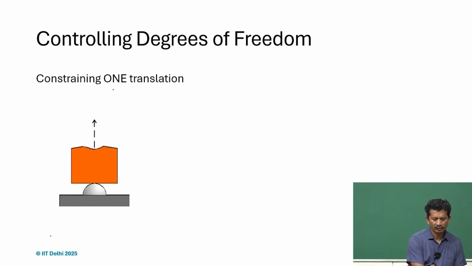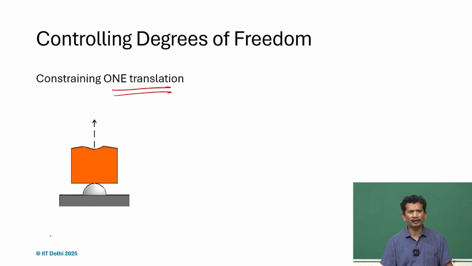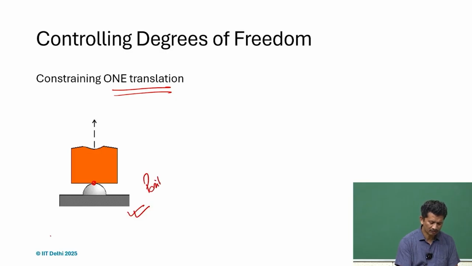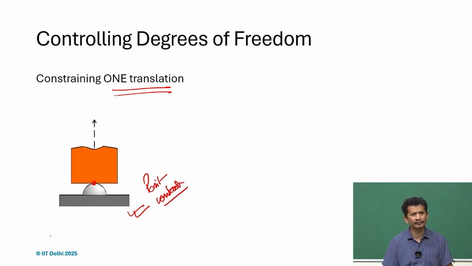If you want to constrain one translation, one of the ways we discussed in quite some detail is a point contact, which we can idealize as one spherical ball making contact with the flat surface here, and we use a dashed line for the constraint.